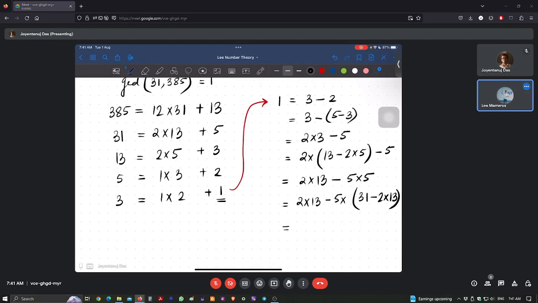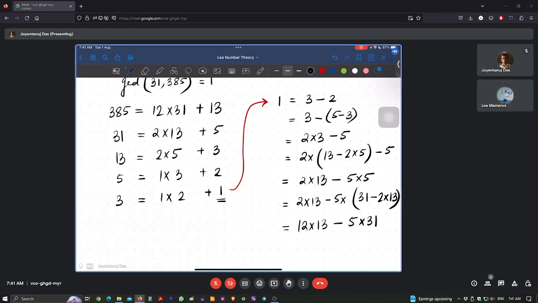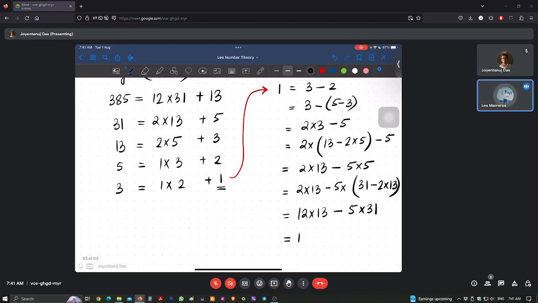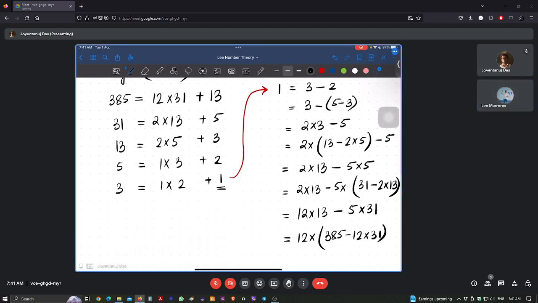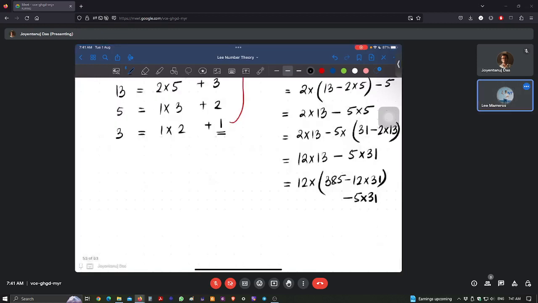That would be 12 multiplied by 13 minus 5 multiplied by 31. And then 13 is 385 minus 12 multiplied by 31, minus 5 multiplied by 31.